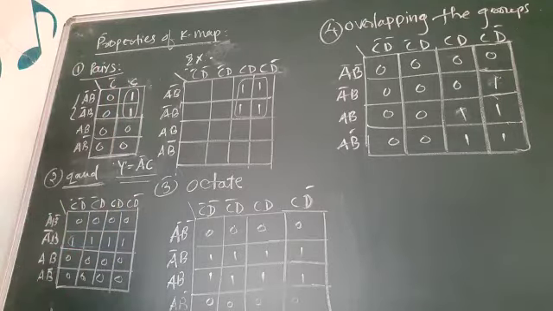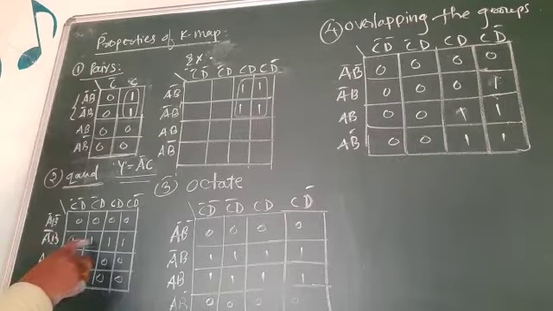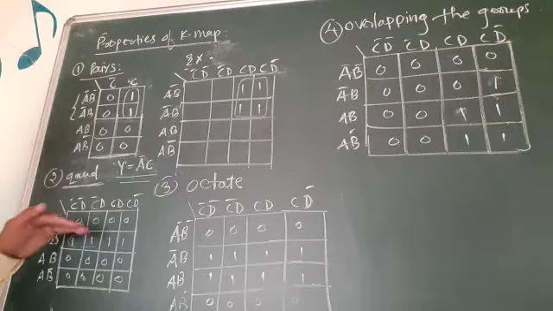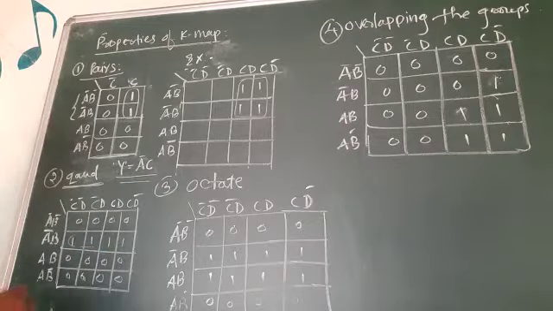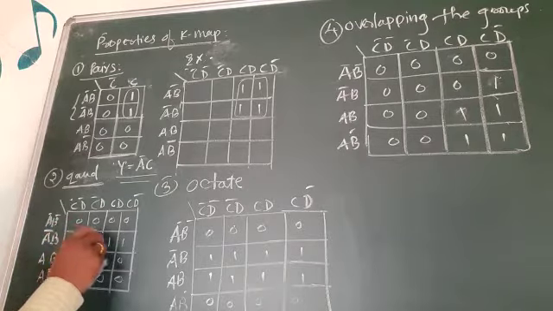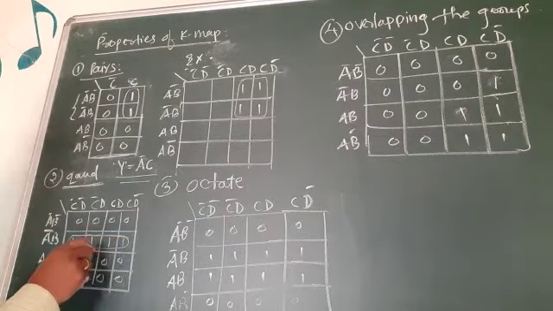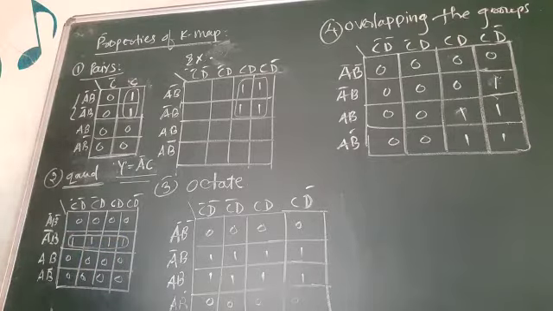In another property we will have quads, or groups of fours. Here this is 1 1 1 1. There are no ones at the top and no ones adjacent to these ones, so I will draw a circle around these four ones, and it forms a group.